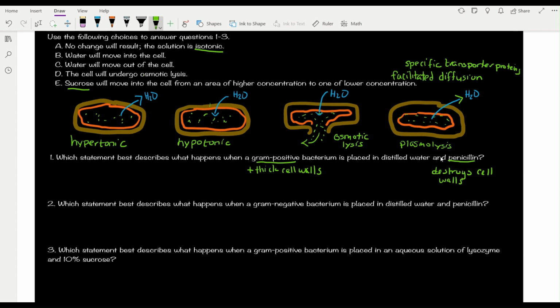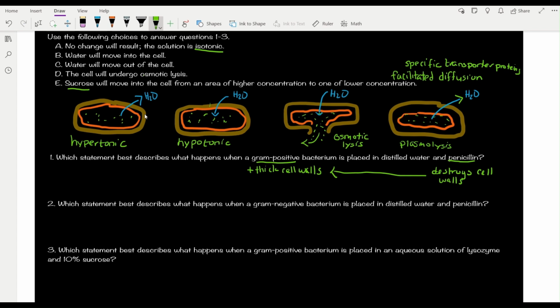So if you can picture a thick cell wall, a gram positive, and the penicillin coming to attack the cell walls, this will allow the bacteria to lyse.